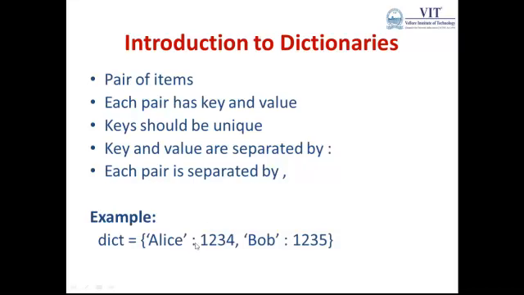The key and value should be separated by a colon. Now look at the last line of this example. The key of the first item is Alice, and the value for that first item is 1, 2, 3, 4. Similarly, for the second item, Bob is the key and the value is 1, 2, 3, 5.